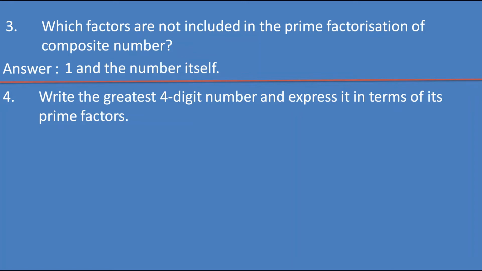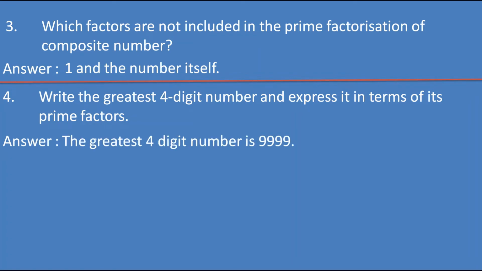So first we will write the greatest 4-digit number, that is 9999. Okay. So to find the prime factorization of 9999, first we have to write that number, then we have to draw a vertical line in front of that and a horizontal line below that. Okay.